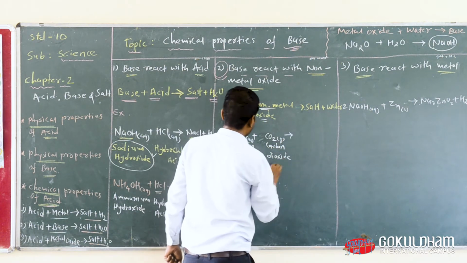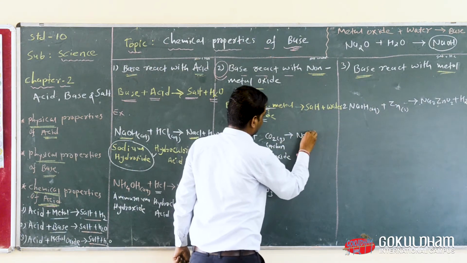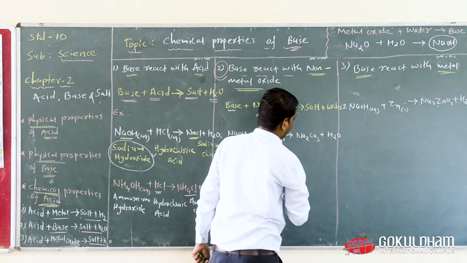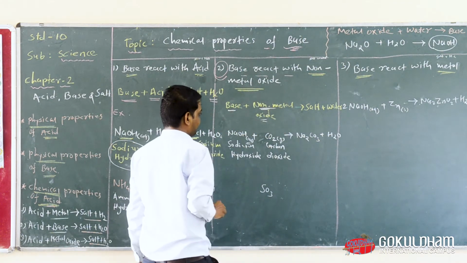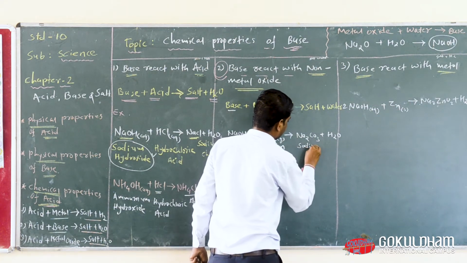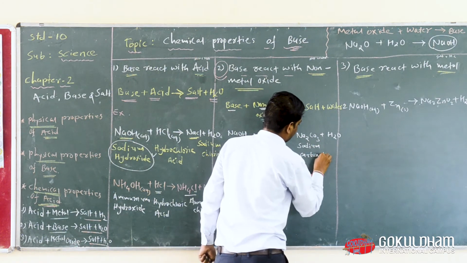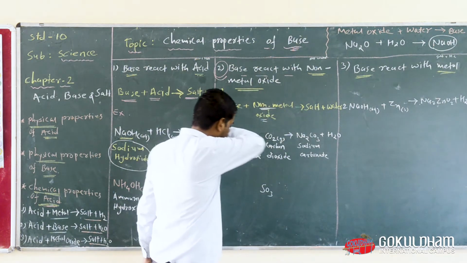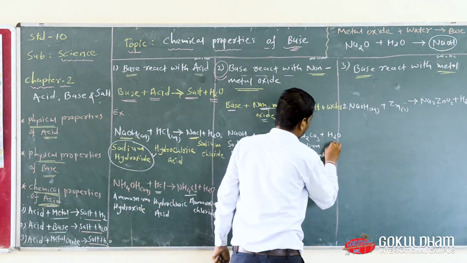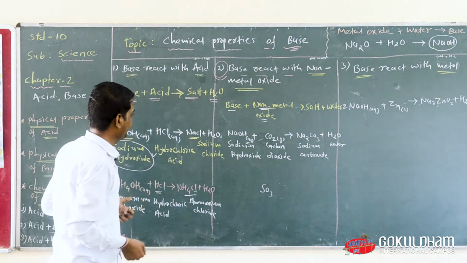When NaOH reacts with CO2, we get Na2CO3 plus water. Na2CO3 means sodium carbonate, an aqueous solution of sodium carbonate, and our side product is water.